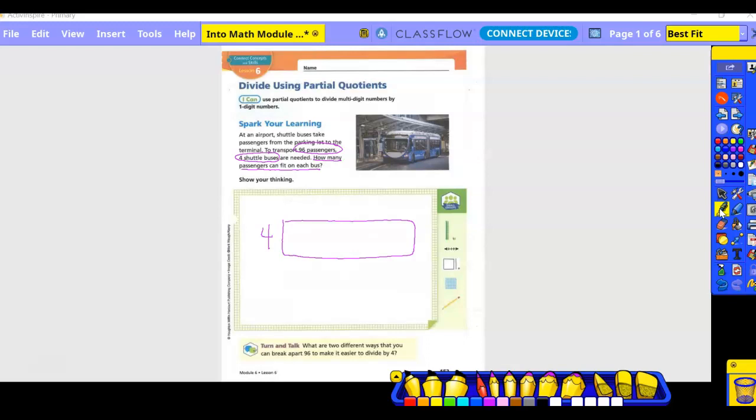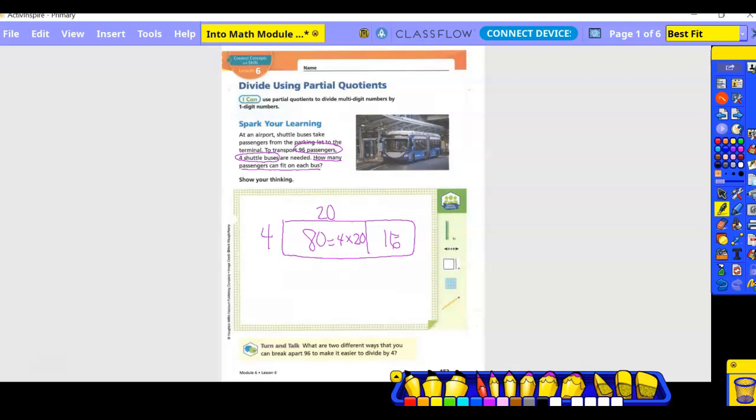So if I had 80 here, what would be left in my other box? What's 96 minus 80? 16, right? So to get to 80, I had to take 4 times what? 20. So I'm going to put 20 up here because I took 4 times 20 to get 80.